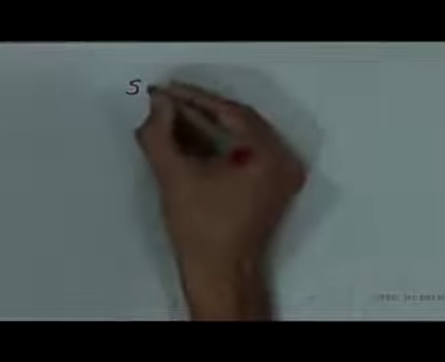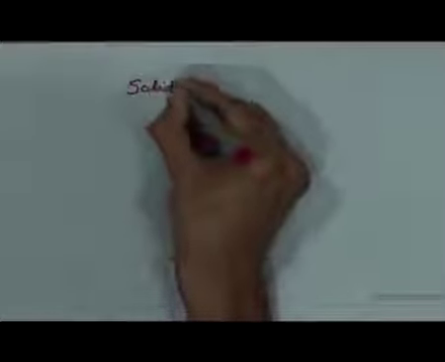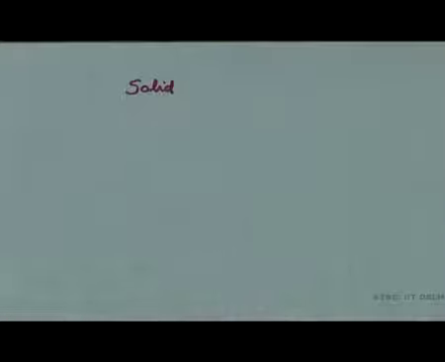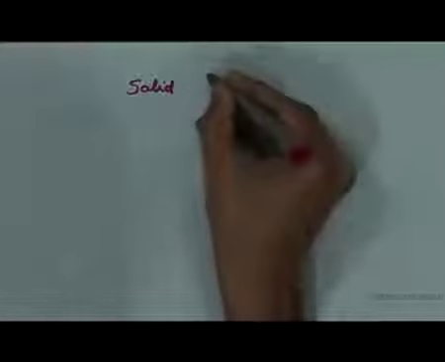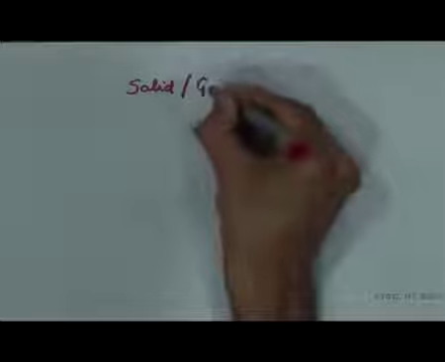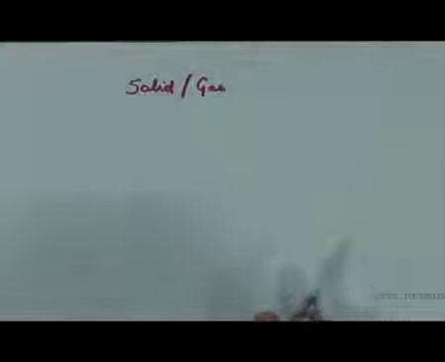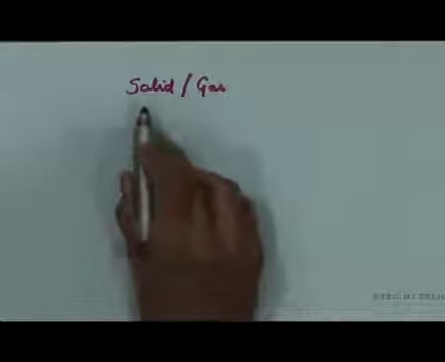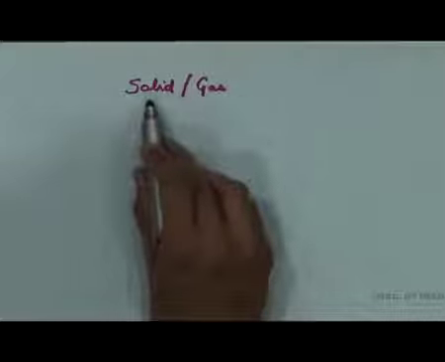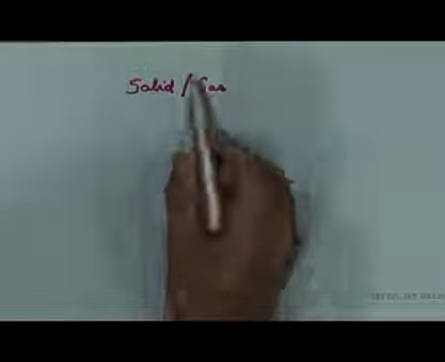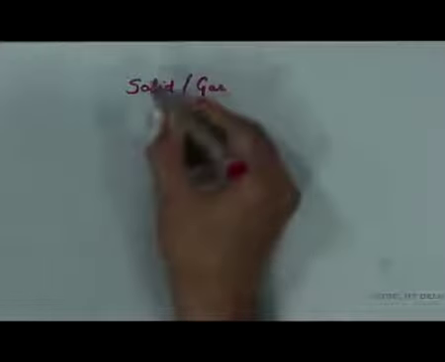So, in this instance, I have a solid, which is my body, or for that matter your body, and the atmosphere around you, which is the gas phase. So, I have here an interface between a solid and a gas. Any object that you look around, you have this solid gas interface.